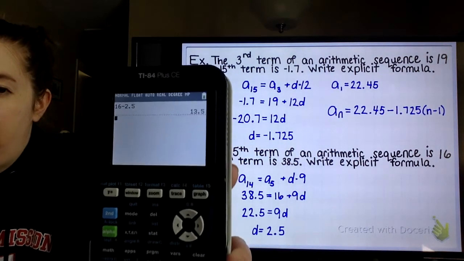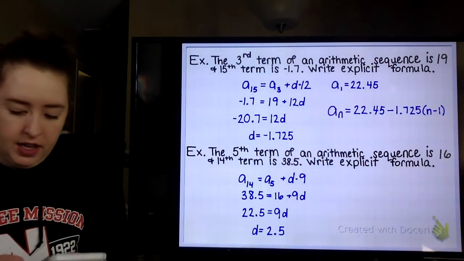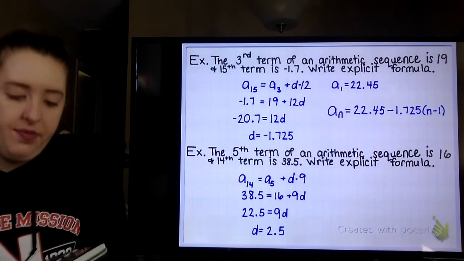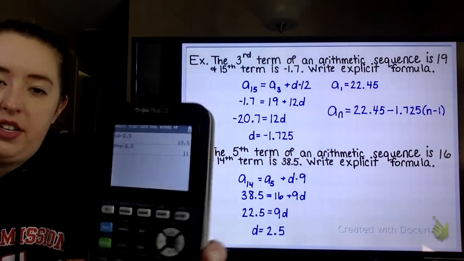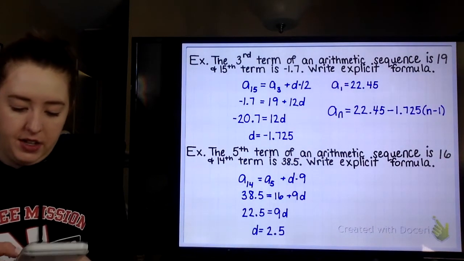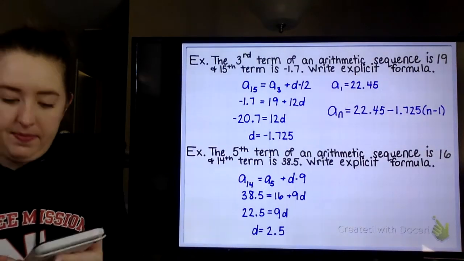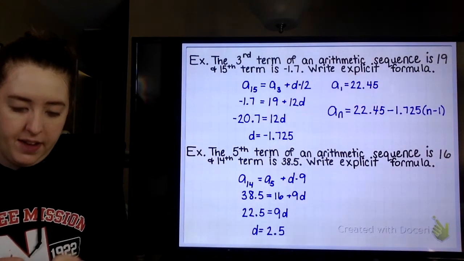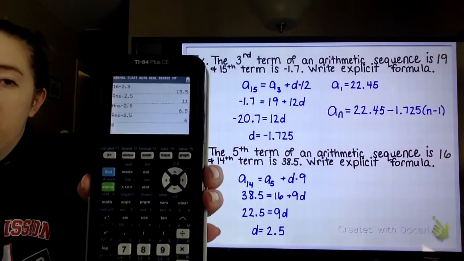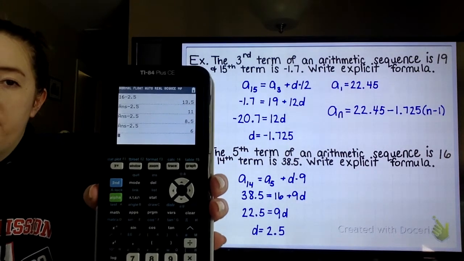There's my fourth term, minus 2.5. There's my third term, minus 2.5. There's my second term, minus 2.5. There's my first term. So it looks like my first term is 6.